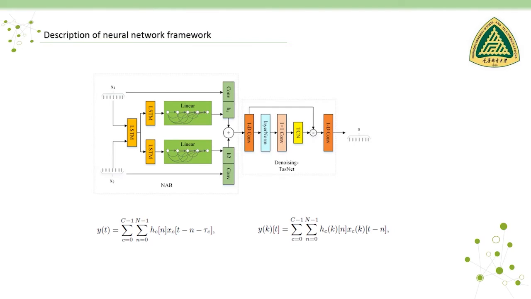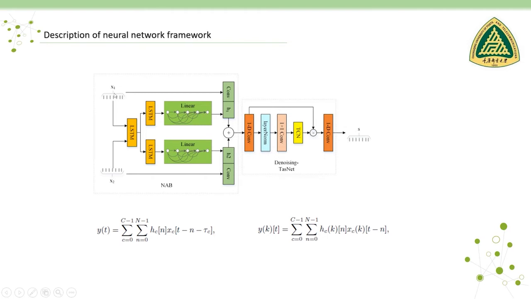Next is the detailed structure of our neural network model, which is mainly composed of two parts. The first part uses 3 LSTM layers and 2 linear layers to estimate the beamforming filter coefficients of each channel.